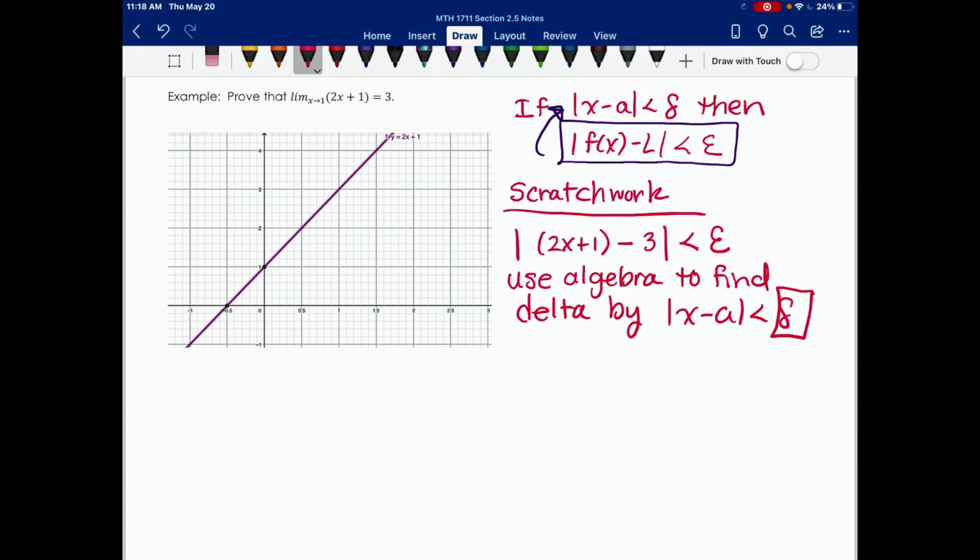And once I see what's over here, I've got my delta. So I need to break down the statement 2x plus 1 minus 3 into x minus 1 is less than some delta and figure out what that delta is.